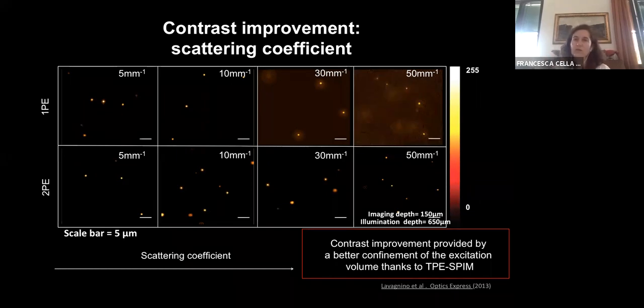Here we were using a phantom sample mimicking different scattering coefficient values. You can see that if we increase the scattering coefficient, single photon excitation performs worse, is not so optimal compared to two-photon excitation, which is more robust and has a better contrast also for high scattering values.